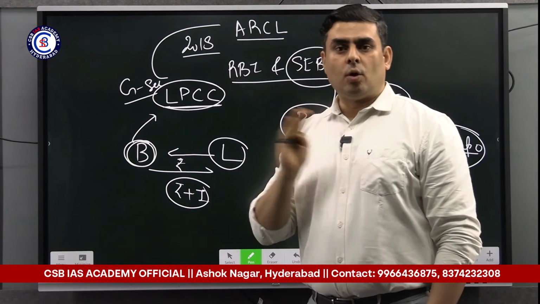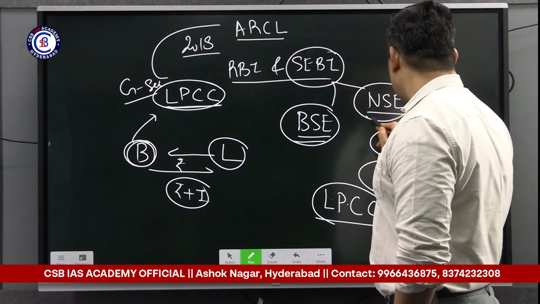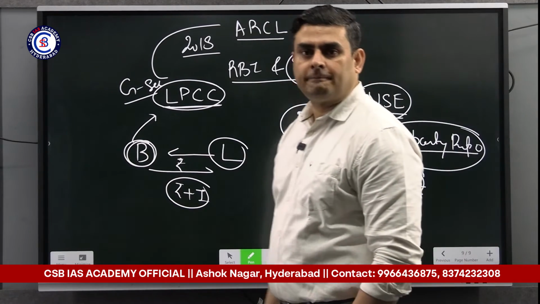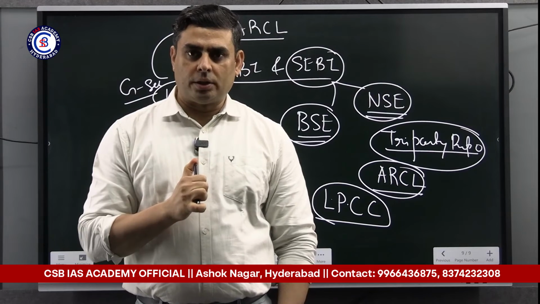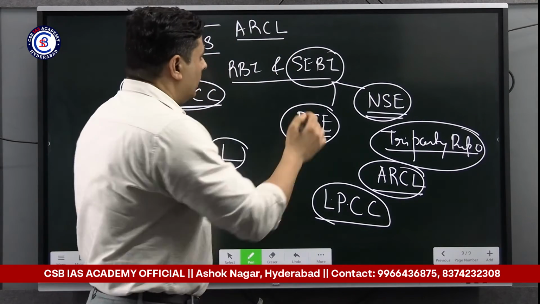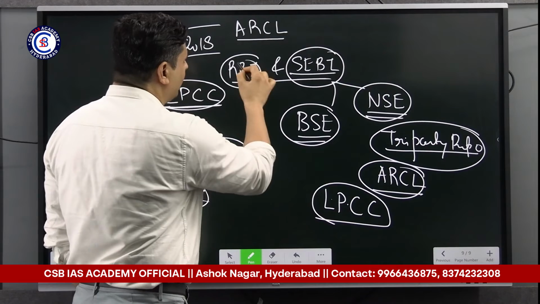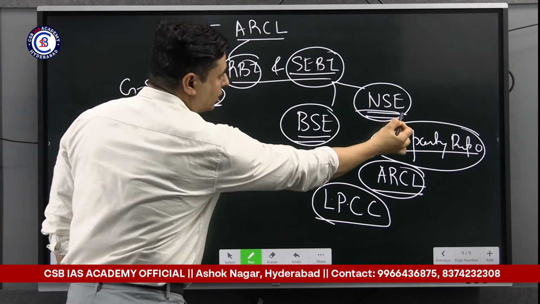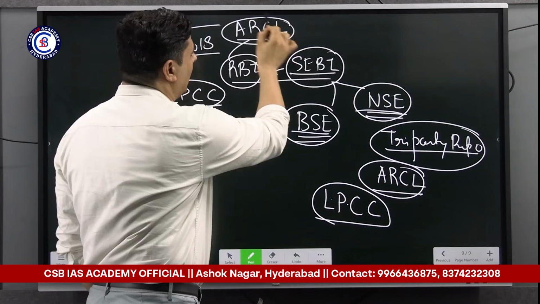And who is allowed to function as an ARCL? That is Bombay Stock Exchange and National Stock Exchange. SEBI allowed these two, and the license was given by RBI to National Stock Exchange and Bombay Stock Exchange to work as an ARCL.